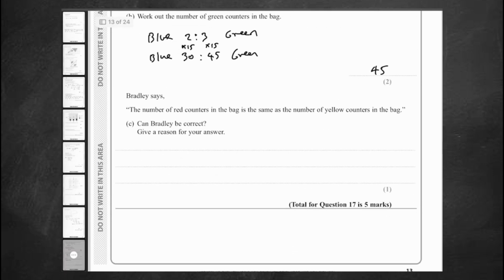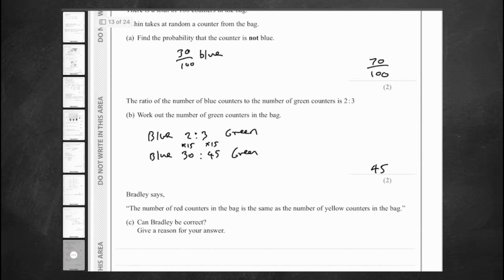Bradley says the number of red counters in the bag is the same as the number of yellow counters in the bag. Can Bradley be correct? Give a reason for your answer.